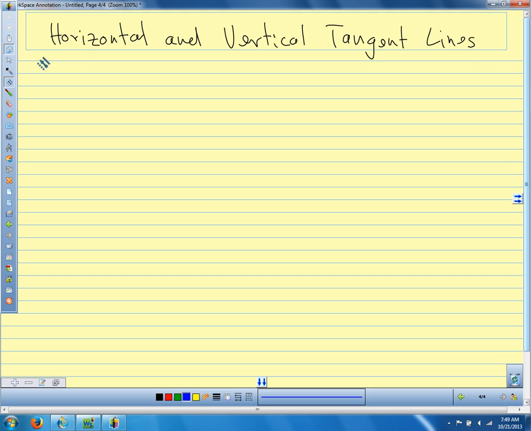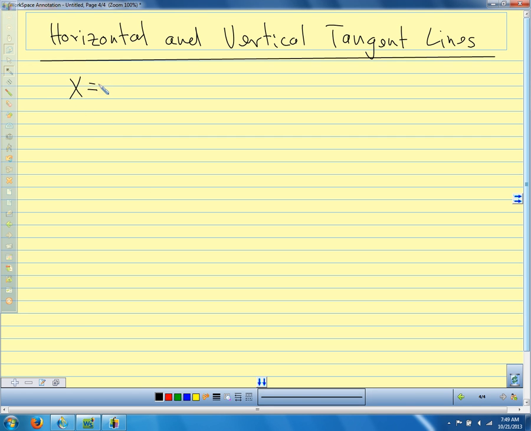And the idea is not complicated, the method is not complicated, and intuitively it makes sense. So we have our parametric equations, x equals f of t again, and y equals g of t.